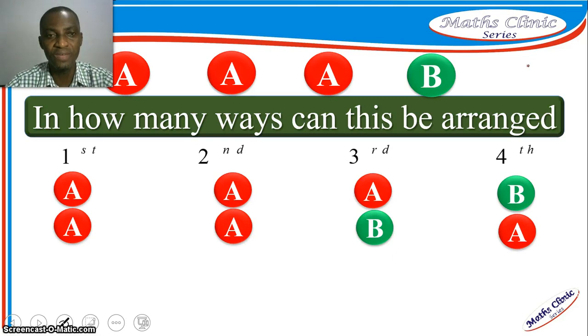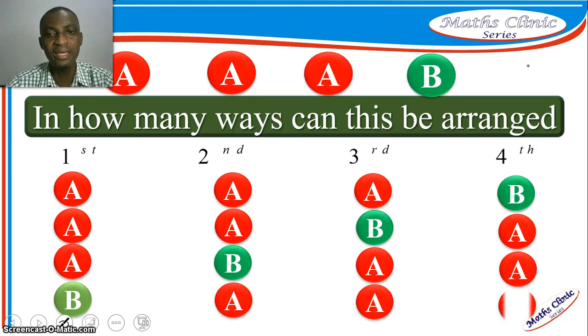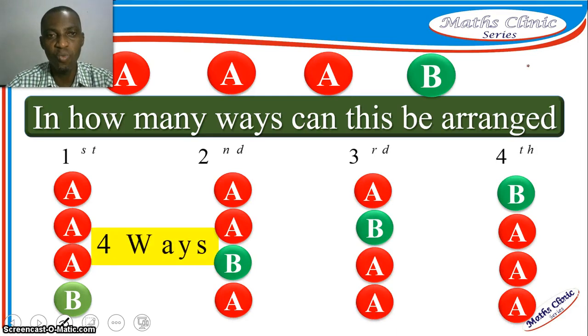The first one we have A A A B, A A B A. Then we can also have A B A A. We can have B A A A. And I'm sure these are the possible ways we can arrange the four when three are repeating. So we see we have four ways.